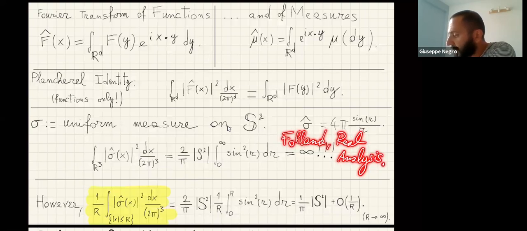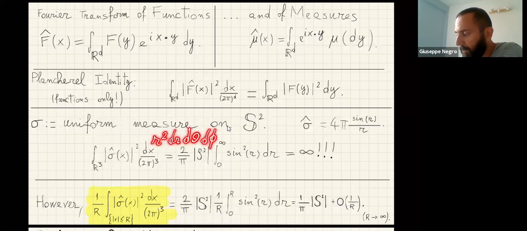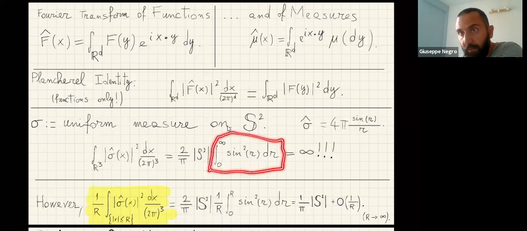If you now try to take the L2 norm of this sinc function, which is what I'm doing here, you integrate in polar coordinates, so dx becomes r squared dr, and then dθ, the other polar coordinates on the sphere. The r squared cancels with the r squared coming from here, and you end up with this integral. It's a simple computation.